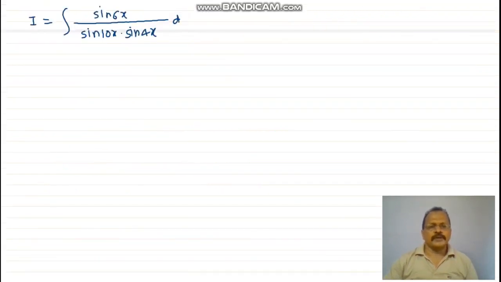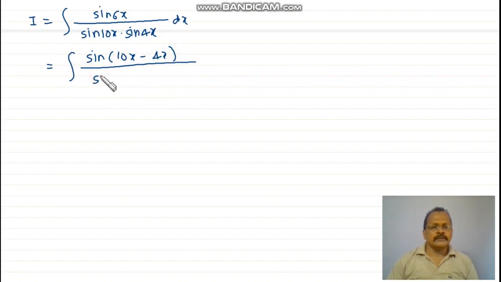Next problem I am taking is integration sin 6x upon sin 10x into sin 4x. This is equal to integration sin of, in place of 6x I can write 10x minus 4x, divided by sin 10x into sin 4x dx.